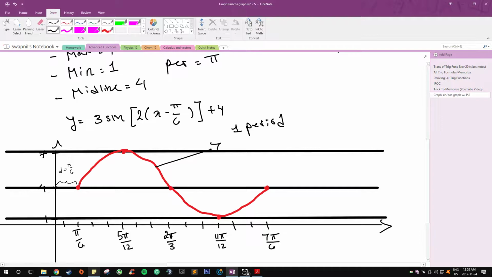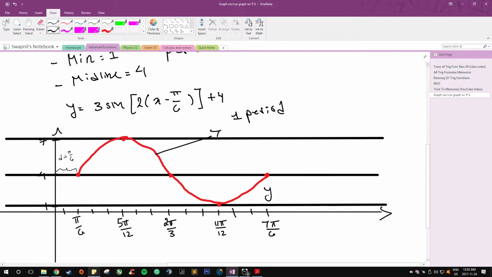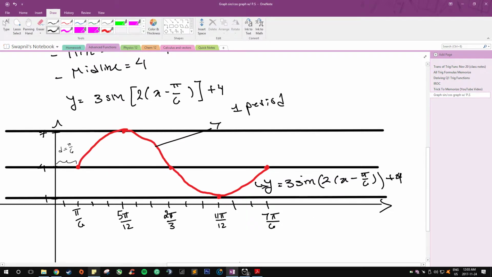It goes up, comes down, and goes back up to where it started from. It does not repeat, so that's just 1 period right there. And boom, there you have it. You have the graph for y equals 3 sine. Okay, yeah, that's all there is to it. It's really not that hard.